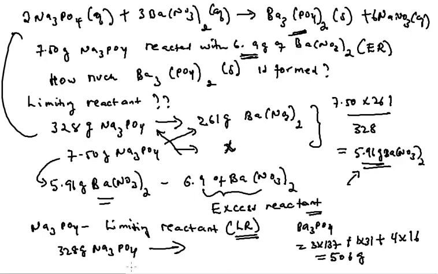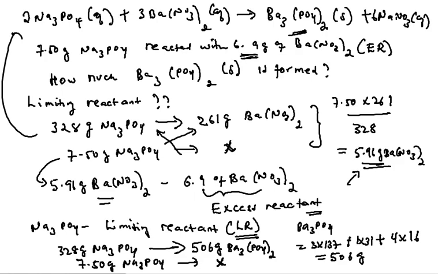So 328 grams of sodium phosphate gives you 506 grams of barium phosphate. So if you have 7.50 grams of sodium phosphate, how many grams of barium phosphate do you get?